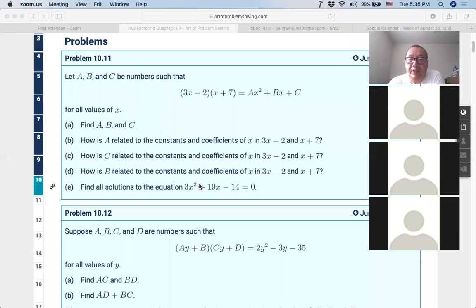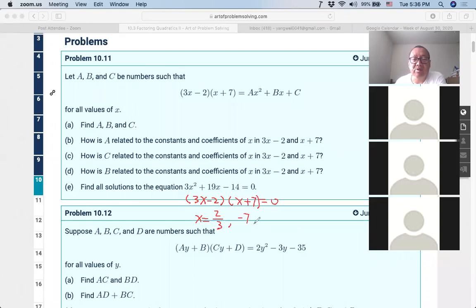The answer Andy gave us, 2/3 and -7, is correct. Because you already know 3x squared plus 19x minus 14 can be written as 3x minus 2 times x plus 7. This equals 0. So to make these two binomials equal 0, x has to equal 2/3 or -7.